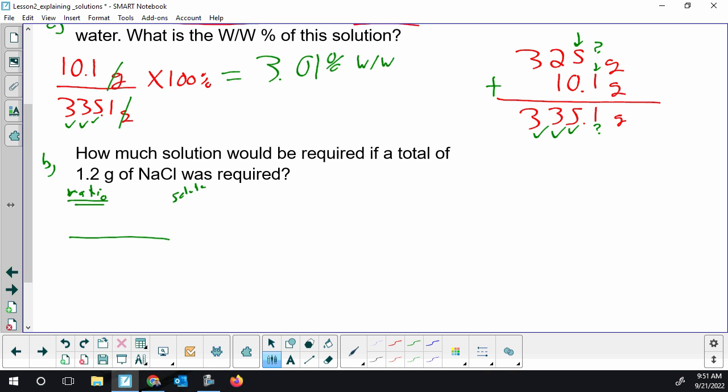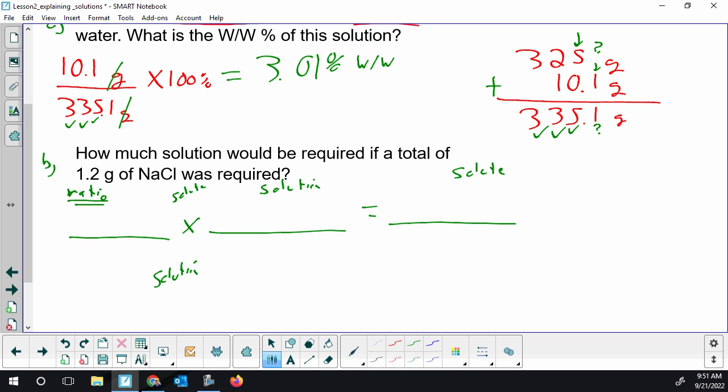Solute will go on the top. Our total solution will go on the bottom. If I take that ratio and then multiply by our solution volume or solution mass, that's going to equal my solute. So it's just one way that you can organize these and solve them.